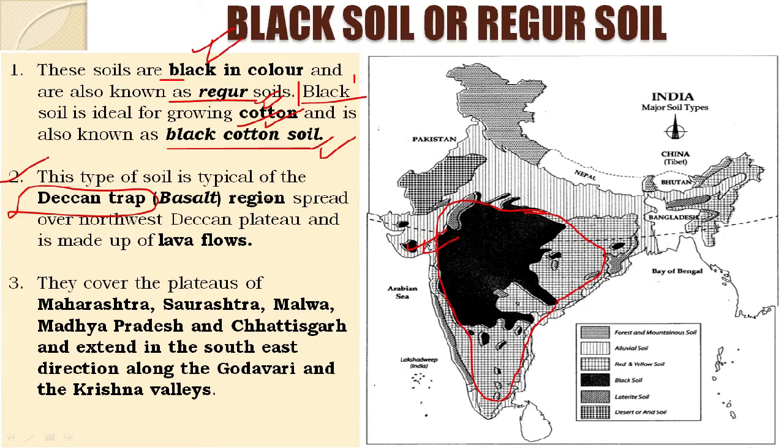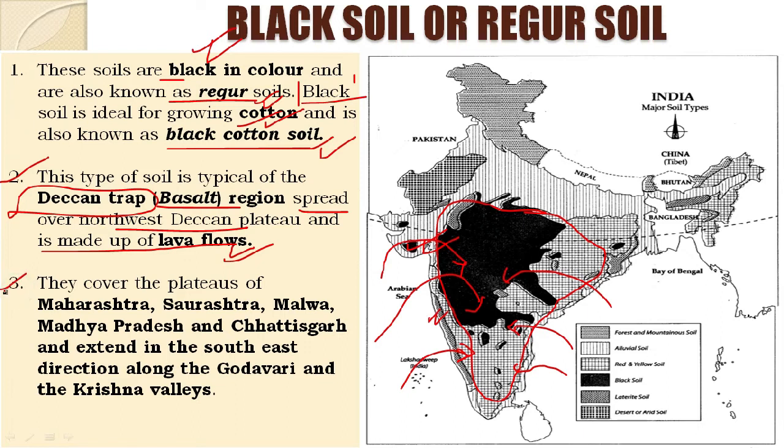Because the basalt region spread over the northwest Deccan Plateau is made up of lava flows. It is a theory that this region was surrounded by volcanoes at some point of time, and when they erupted, the volcanoes deposited their lava on these surfaces, and in due course of time it cooled and solidified under the top surface of this peninsular block, the Deccan Plateau. Therefore this region is known as the Deccan Trap.